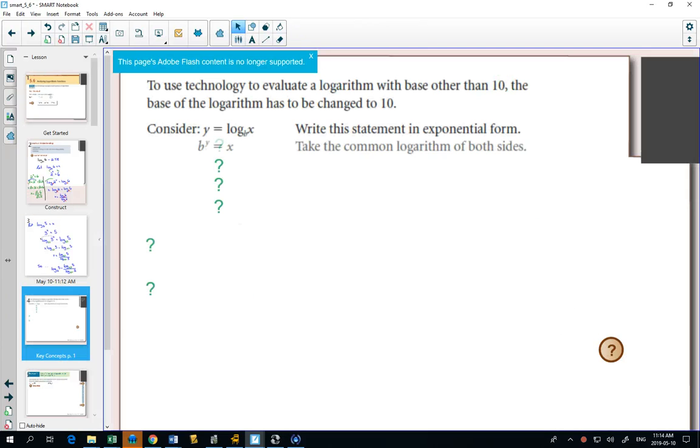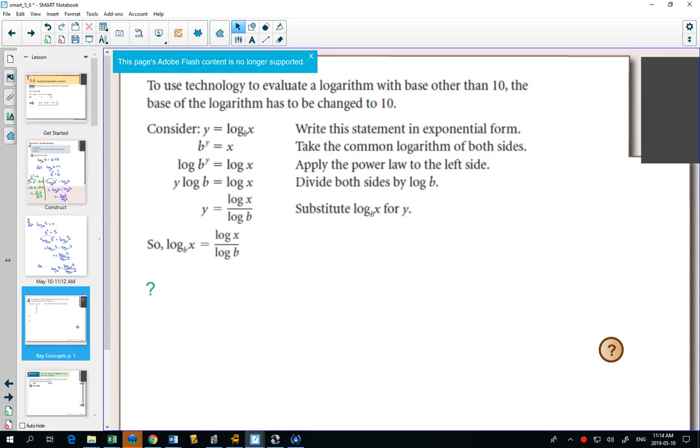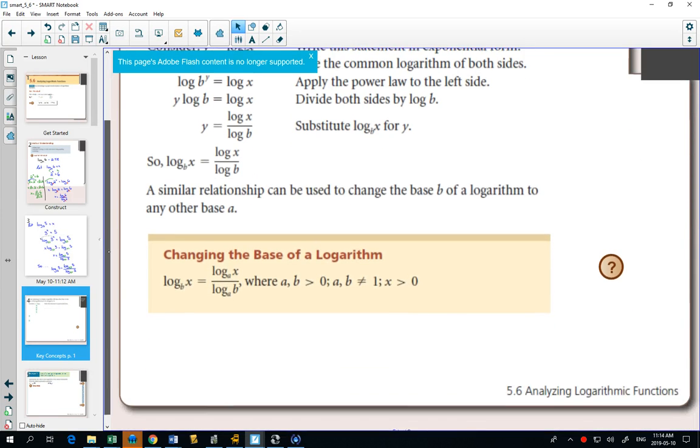So on your next page, here it is, the change of base theorem.